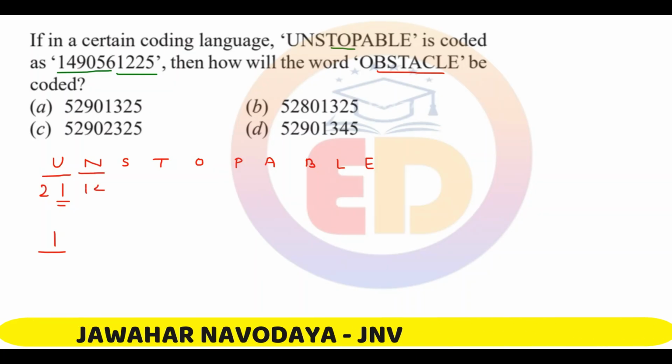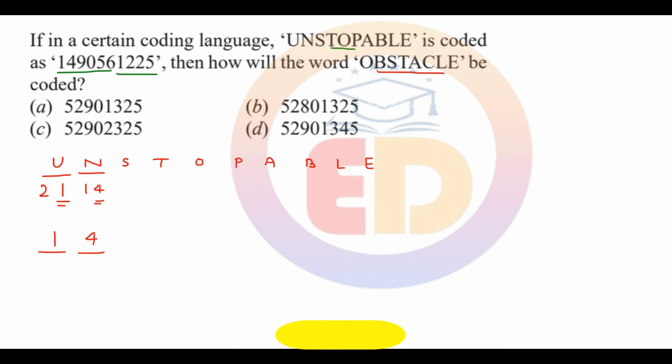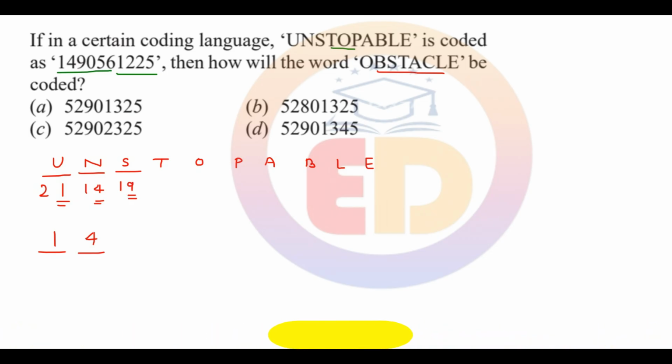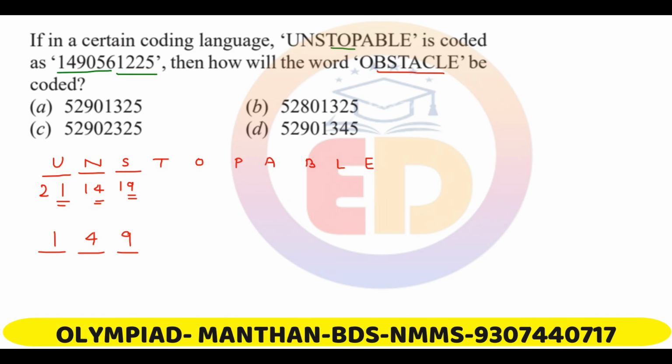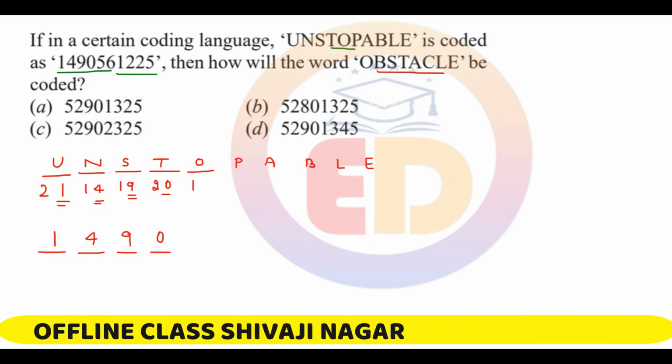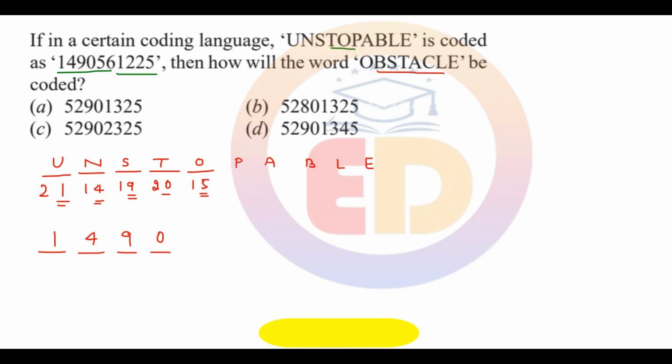N is 14, they have taken only the ones place 4 as the code. S is 19, they have taken only the ones place digit 9 as the code. T is 20, they have taken only the ones place 0 as the code. O is 15, they have taken only the ones place as the code 5.